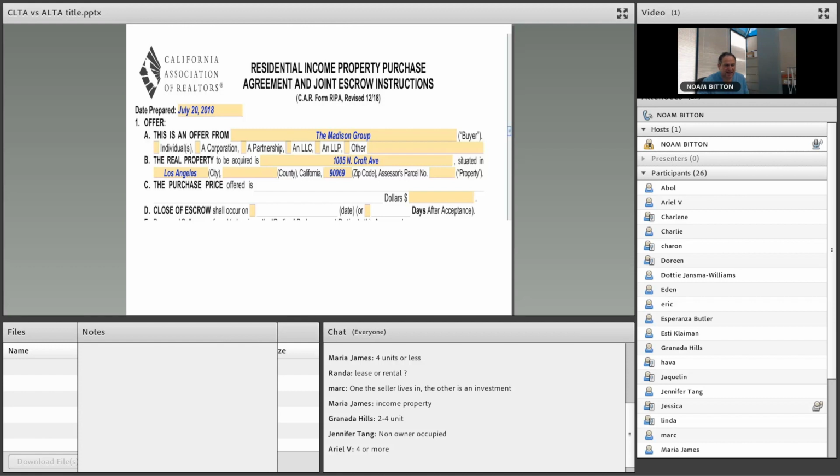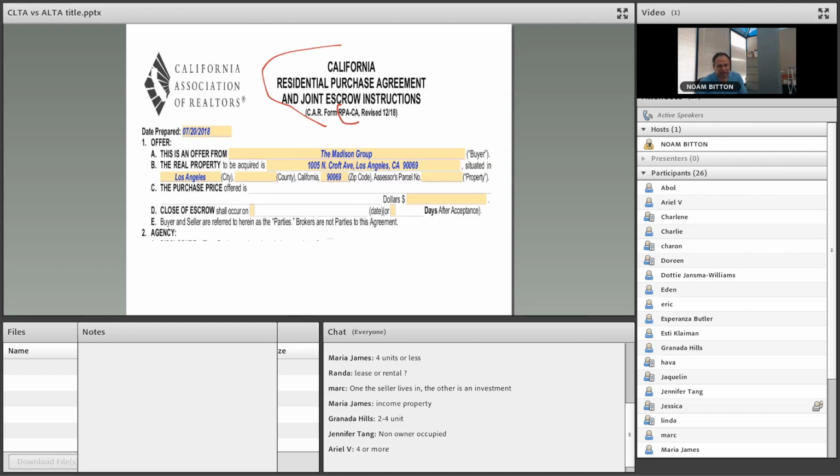This one, the RPA, is not the subject of today's presentation, but I'll talk to it briefly. The RPA you write if you have a single property, basically 1 unit, 1 condo, and that's it.